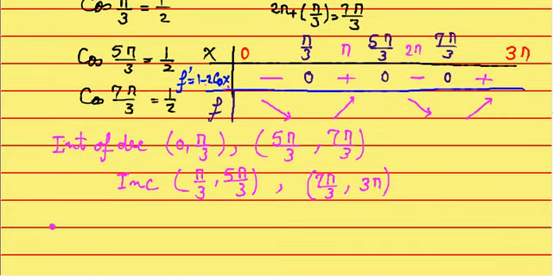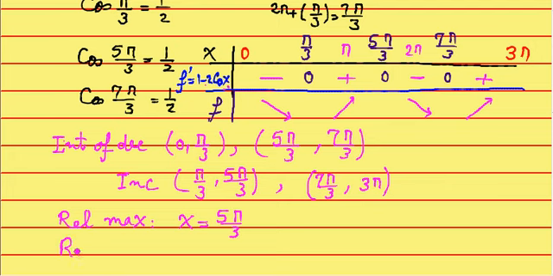While we are here, we might also say relative max. Here's a relative max. Happens at x is equal to 5 pi third.